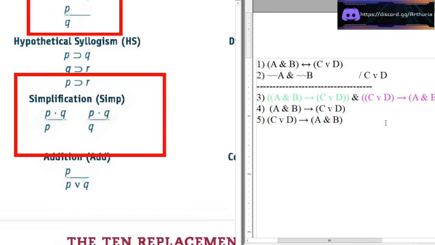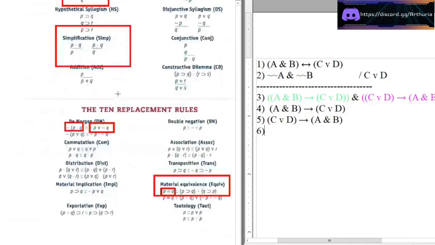Does anybody watching see what rule we should apply to be able to get our conclusion from here? It's a two-step process. So, applying our trick, let's look to the conclusion.